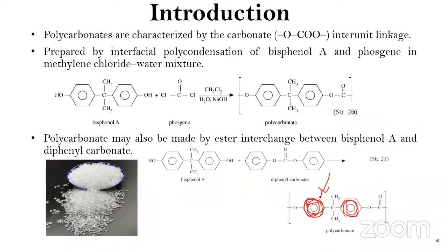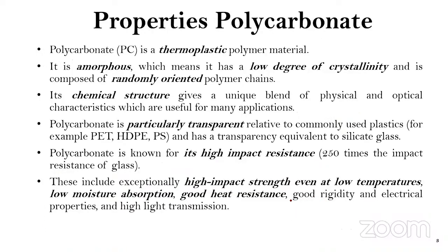Because current means the flow of electrons. So the electrons will flow over here and over here, and that is the reason they have electrical property as well as high light transmission.